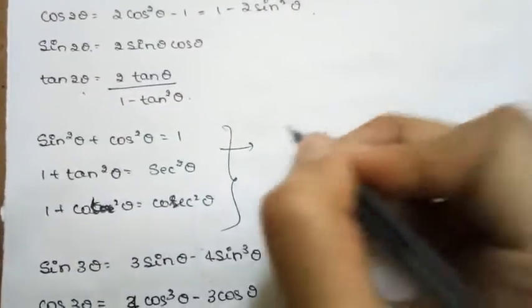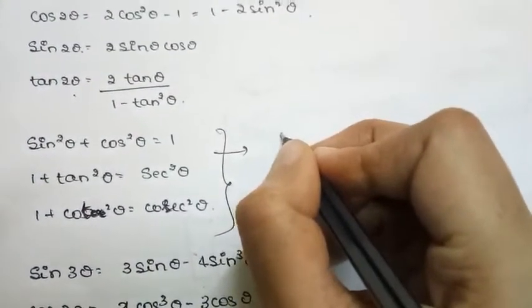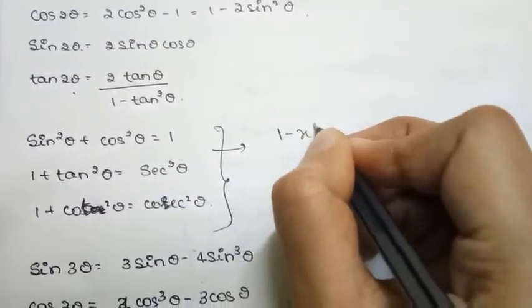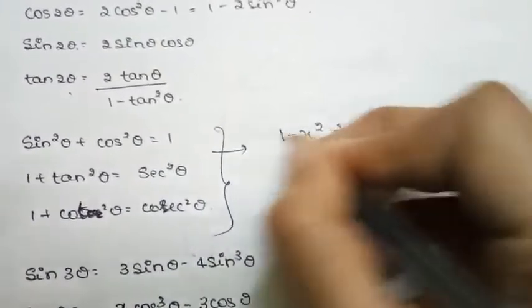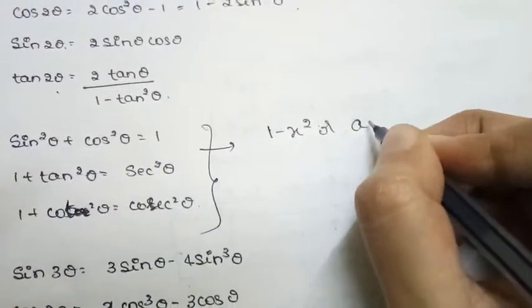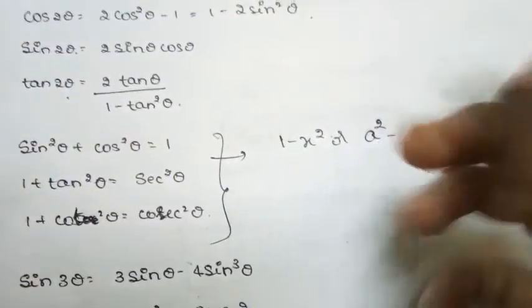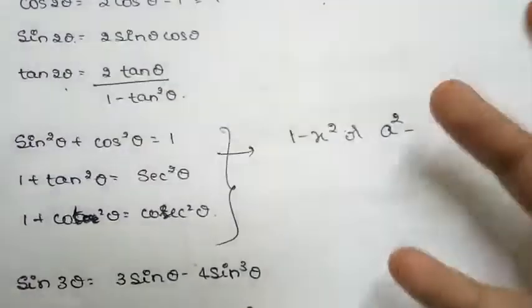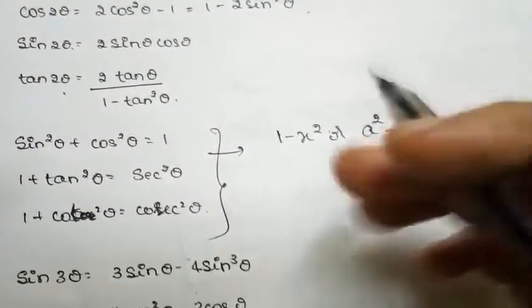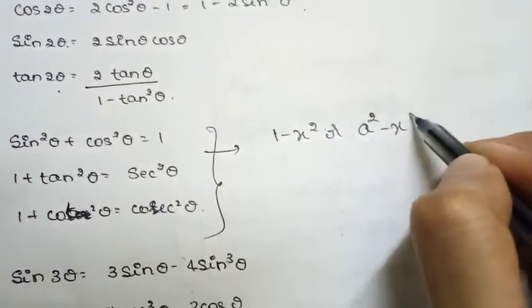Suppose in any question it is in the form of 1 minus x square, or in place of 1 there is a square. In place of 1, I substitute any real number a, so a square minus x square.